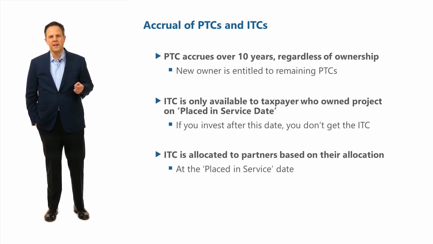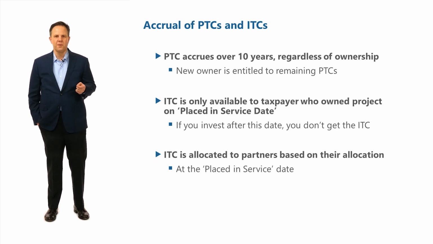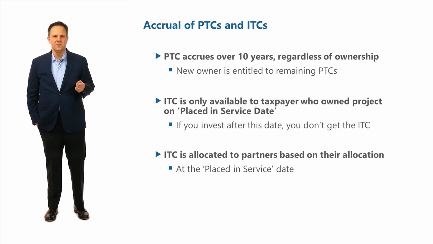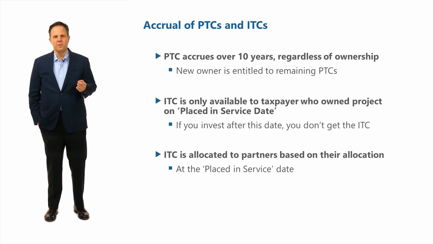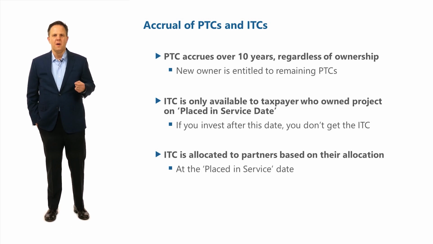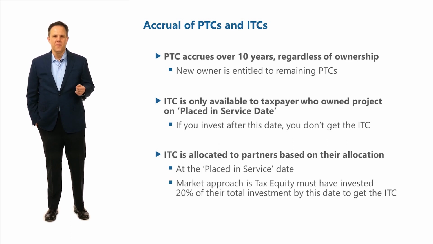But how much does a tax equity partner have to have invested on the placed in service date? The IRS answered this question in the context of rehabilitation costs for historic buildings, which are also eligible for the ITC. For these historic buildings, the IRS ruled that the tax equity investor must have invested 20% of its total investment on or before the placed in service date.